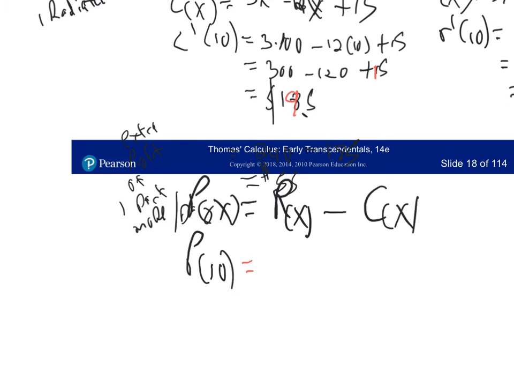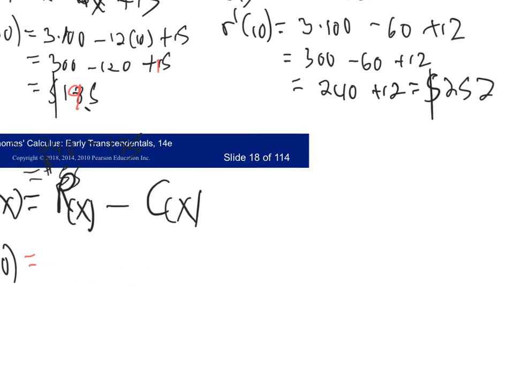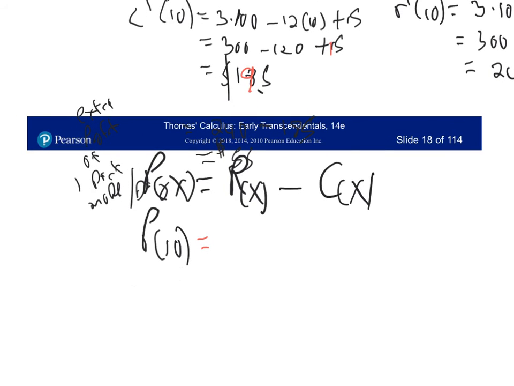My profit at 10 should have been 252 minus 195. I'm afraid to do the math. It's $57 a day extra profit by just making one more radiator.